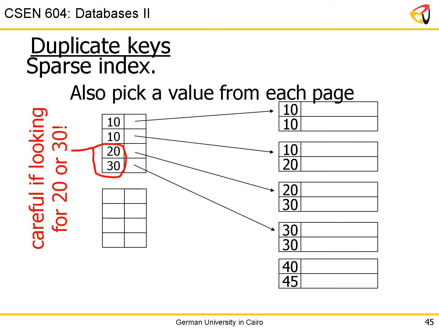Okay? So, as you see, duplicates start to cause us trouble because we don't know where they start and where they stop. And you have to always check before and after your found result to make sure that you're not missing anything that you need to include in the result set.